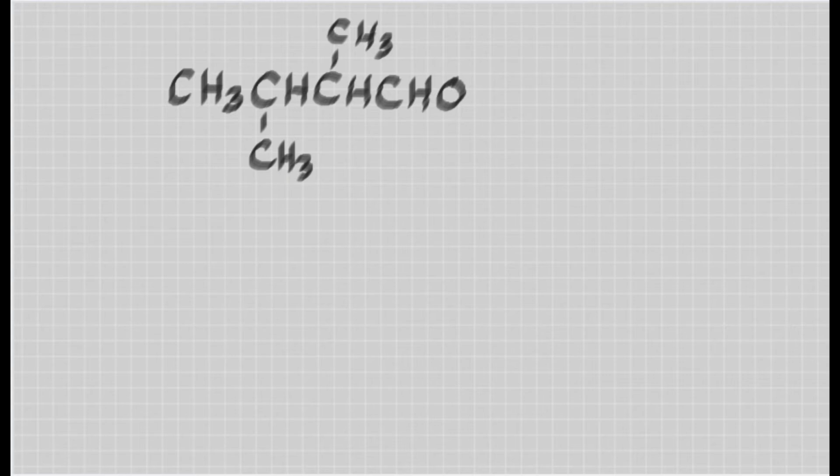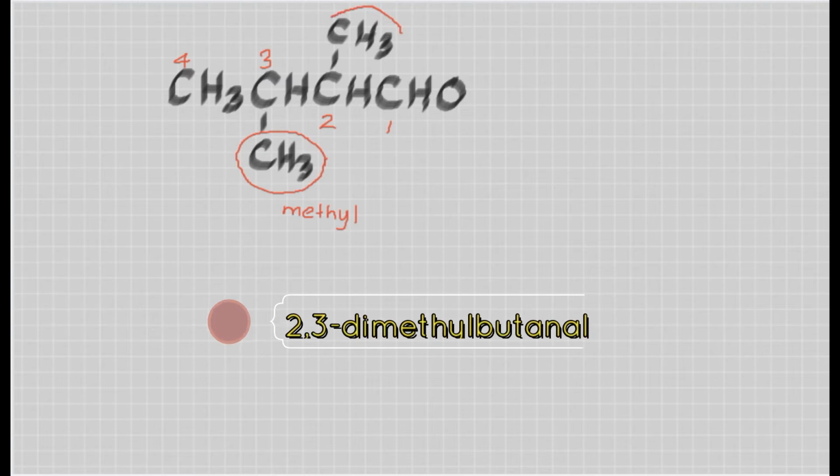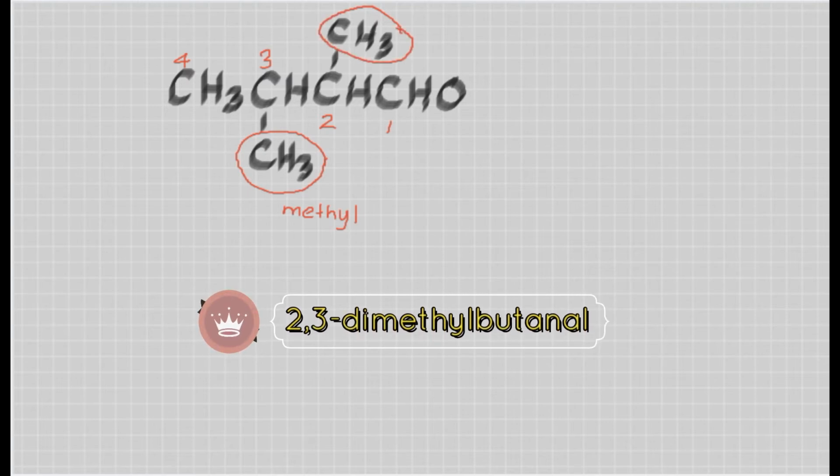Let's number the carbon. 1, 2, 3, and 4. There are 2 methyl groups as substituent in the compound. So, the IUPAC name is 2,3-dimethylbutanal.